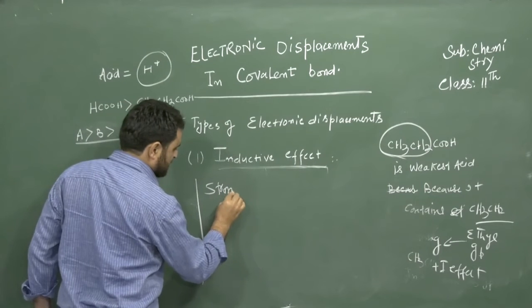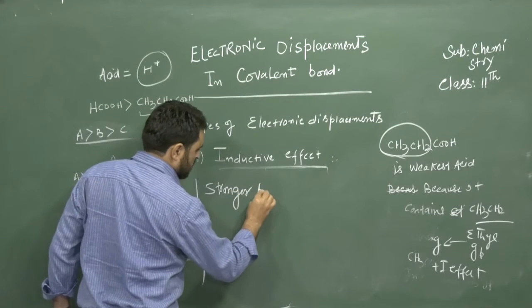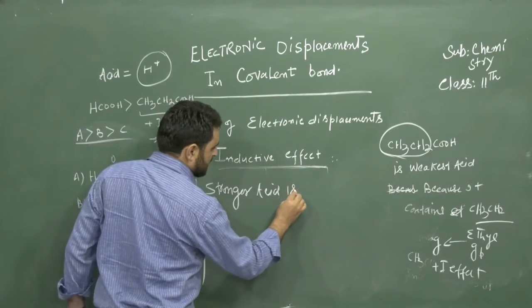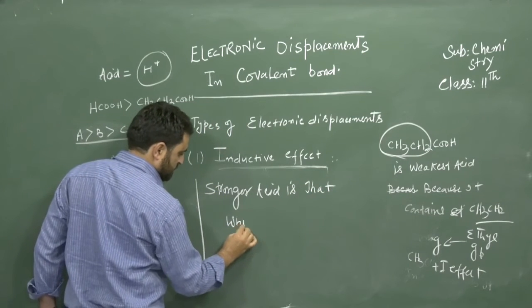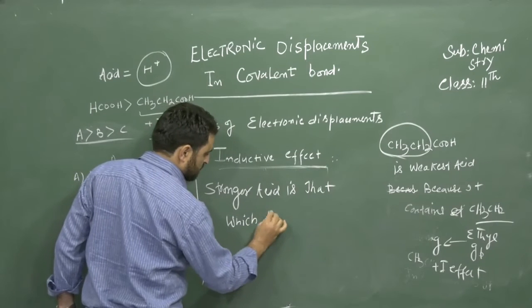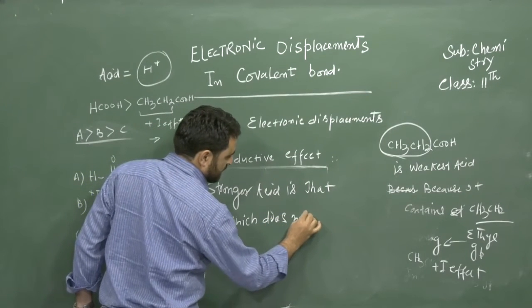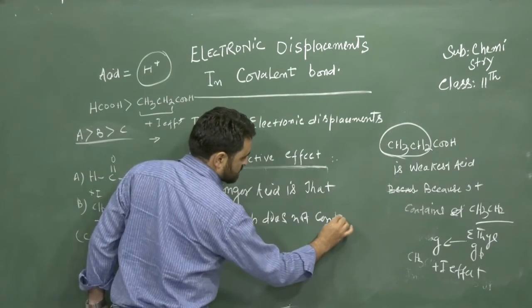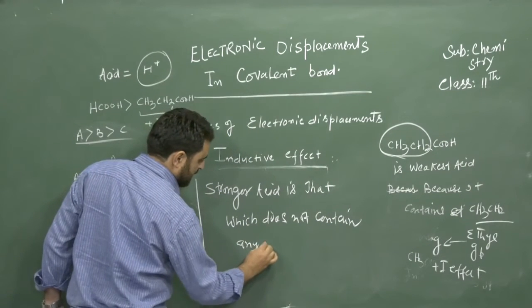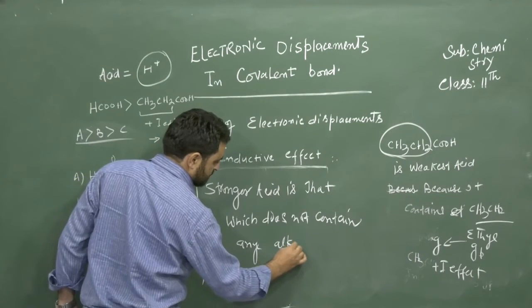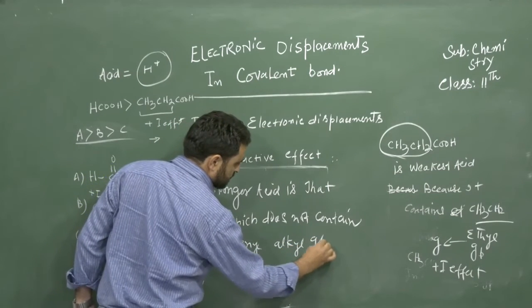Stronger acid is that which does not contain any alkyl group.